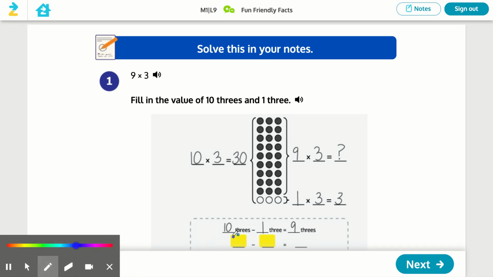So 10 threes equals 30. And 1 three is just 3. And they're going to have us subtract 30 minus 3. If you know what 30 minus 3 is, go ahead and write it in your journal now.